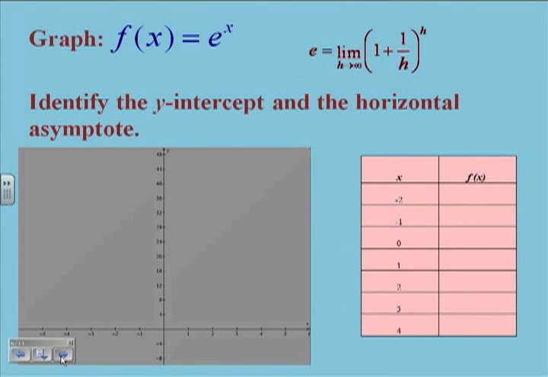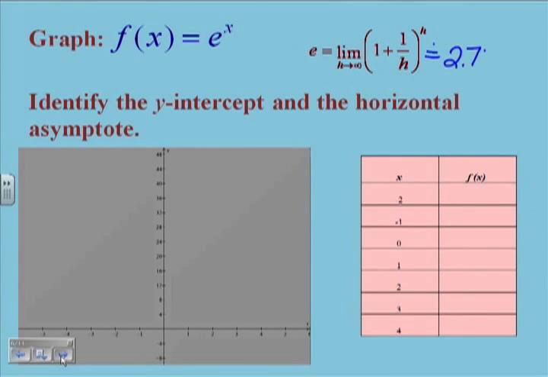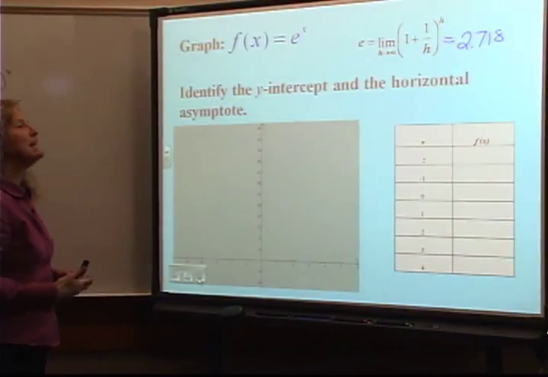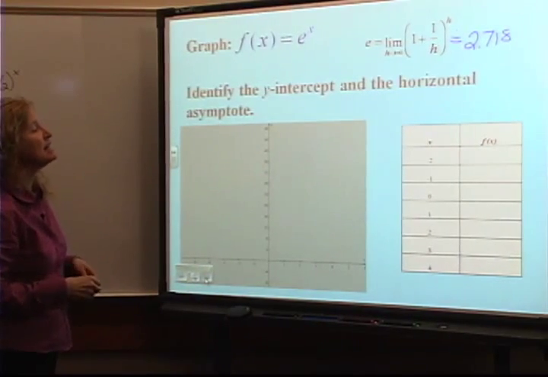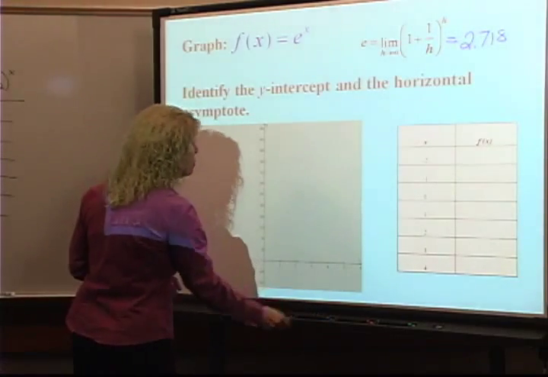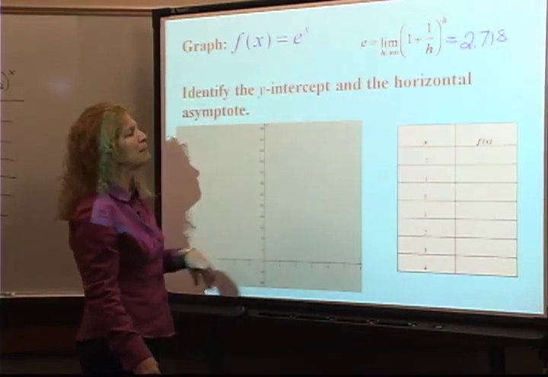Like pi, it is an irrational number and a transcendental number, and e ends up being approximately equal to 2.718, I think. But like pi, it's a decimal that's never going to end and never going to repeat. We use approximations at times, or if we want the exact, we call it e.